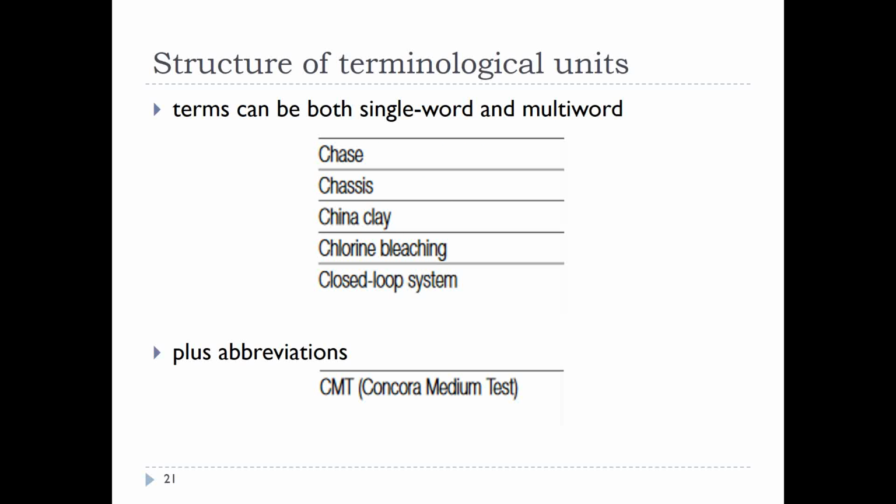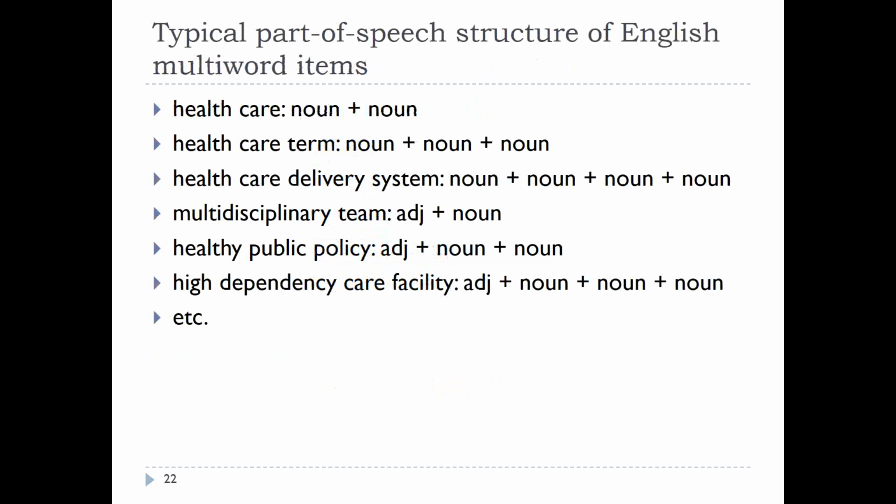Terms can either consist of a single word or of 2, 3, 4, or even more words, in which case one talks about multi-word terms or multi-word items. And of course, some terms are expressed as abbreviations or acronyms. In the case of multi-word items, the part of speech structure is quite interesting.